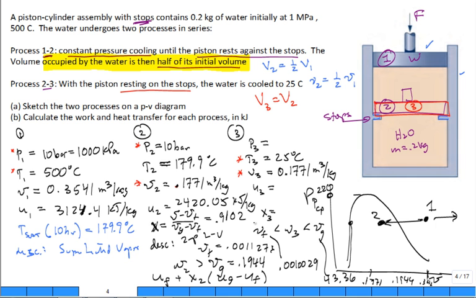Just like you calculated the quality at 2, you find that now it's 0.0041. It's really close to all of the mass being condensed. There's just a little bit of that mass left that's still in the vapor phase.